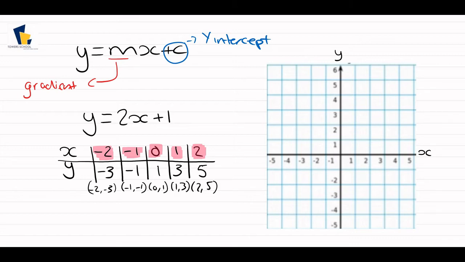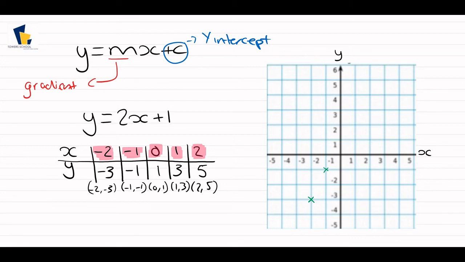Okay, so now we're simply going to plot these coordinates. So I have -2, -3, so the x coordinate comes first, and go along to -2 and then down to -3. And we're just going to put a little mark there. Okay, I'm now going to do -1 and -1, so across to -1 and down to -1.